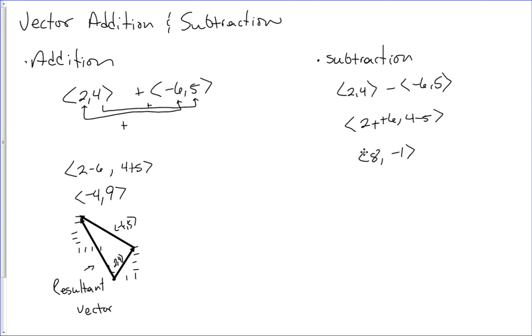Alright, so that's all there is to adding and subtracting vectors. If we had it in the linear combination format, you're simply going to add or subtract the i's and add or subtract the j's.